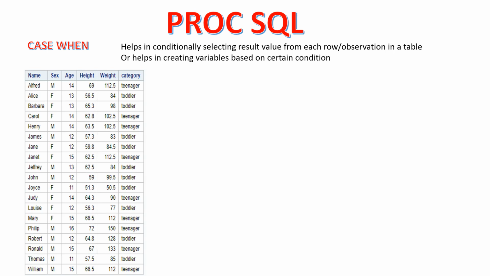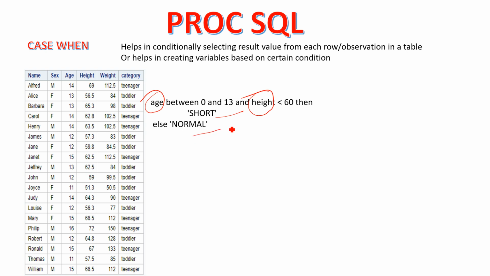This time we have this table again, and then we want to put this condition: age between 0 and 13 and height. If you notice, we are using two variables, age and height, and then make it short, otherwise normal.